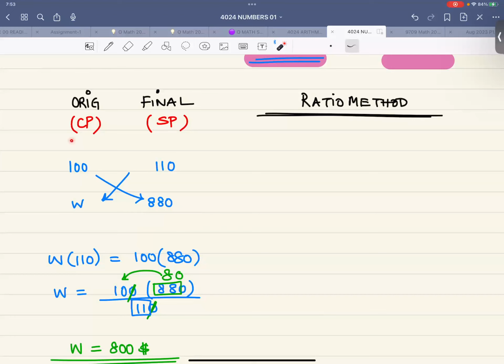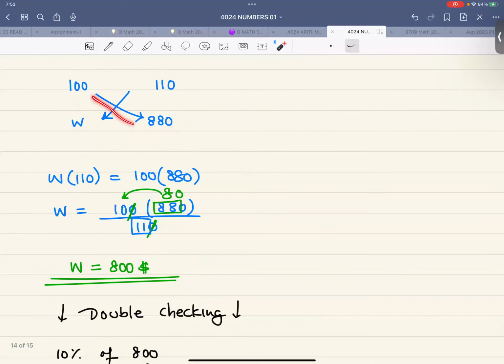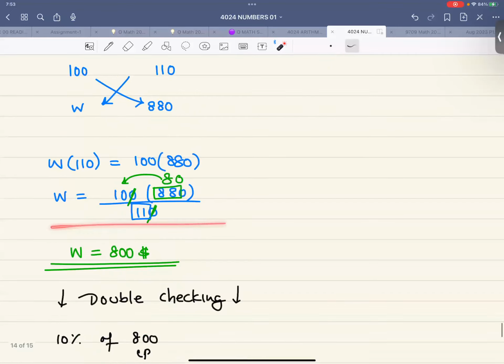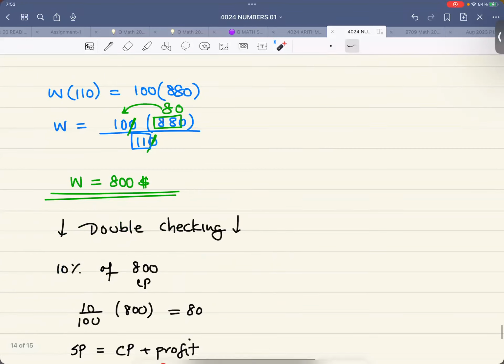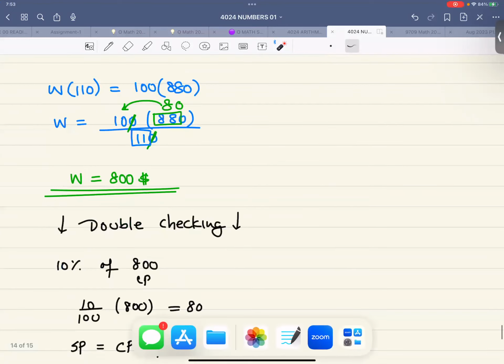We have the column of cost price, we have the column of selling price. 100 became 110, W, which is unknown, became 880. Again, it is the cross multiplication method, a basic paper one type of question, and this is just for double checking. Now let's write down the answer. Is it all good?